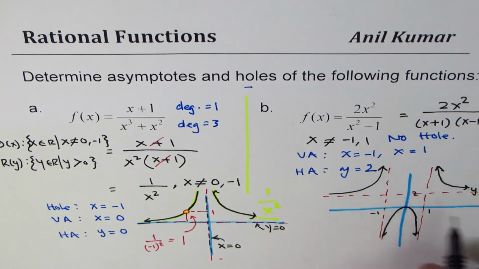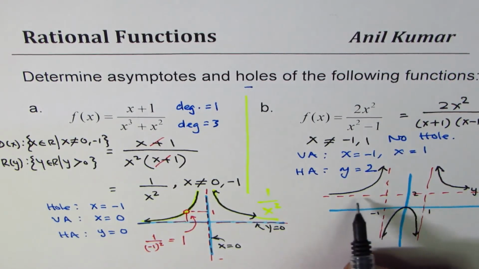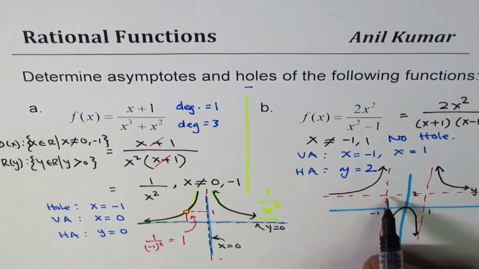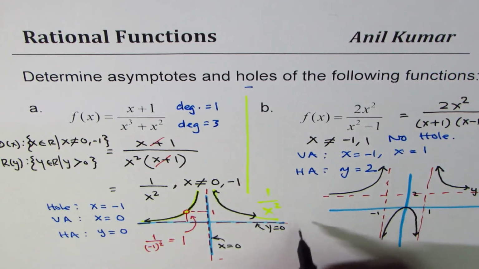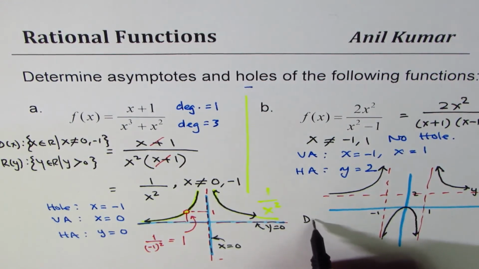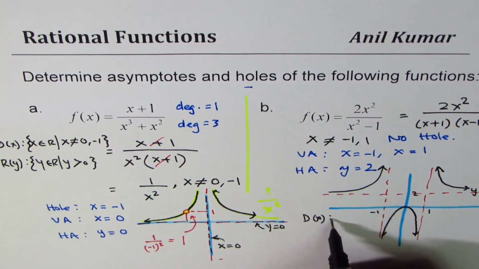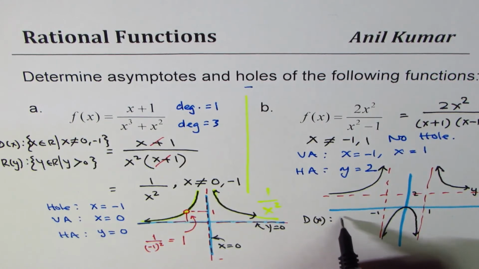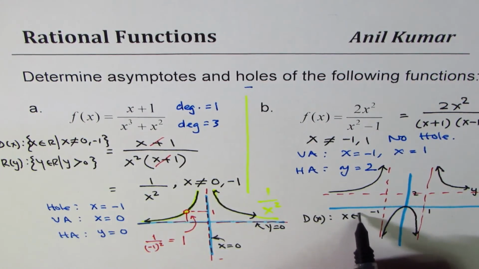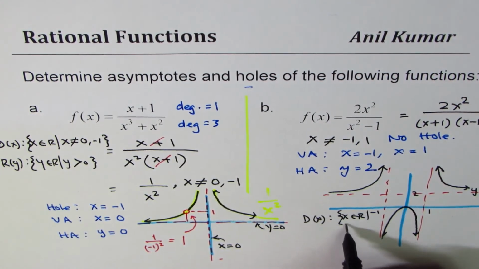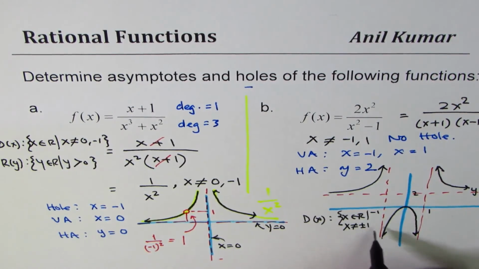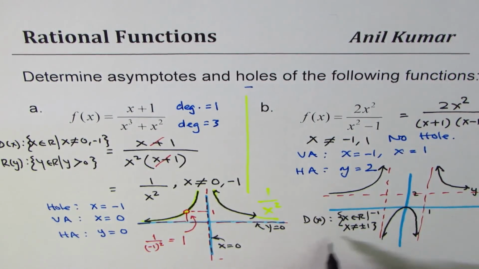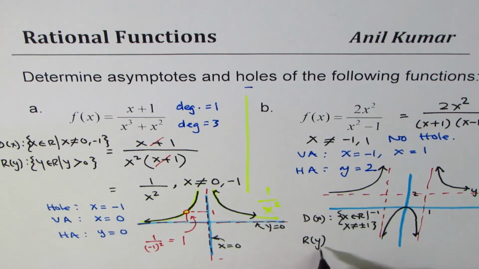Well, from the graph, you can write the domain and range, right? Domain is all real numbers except these 2 points. So in this case, domain is x belongs to real numbers, so that x is not equal to plus minus 1. Range is important. Let's write the range here.